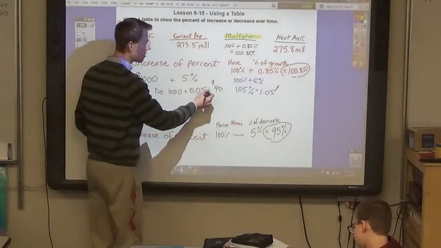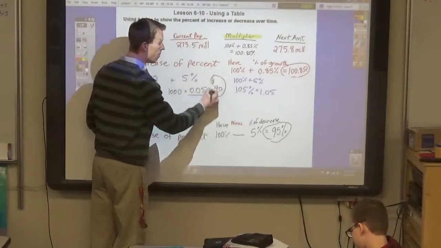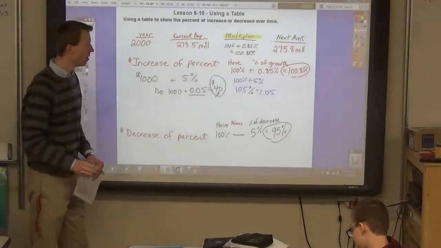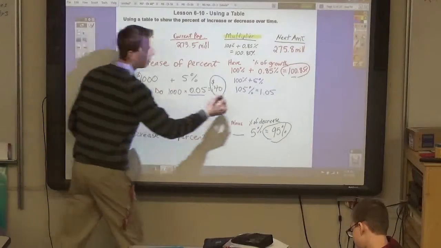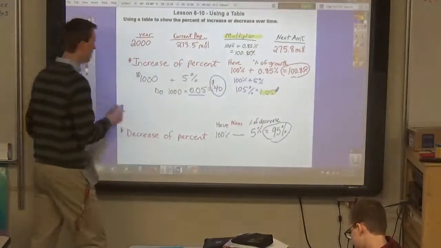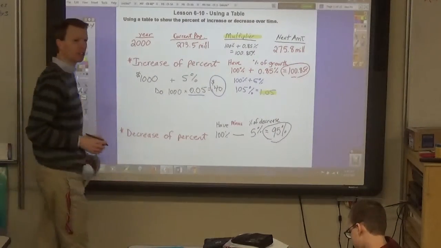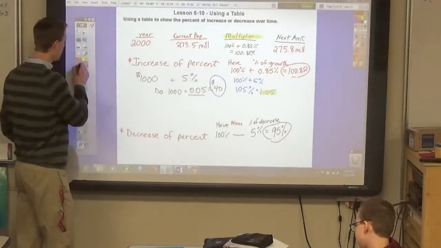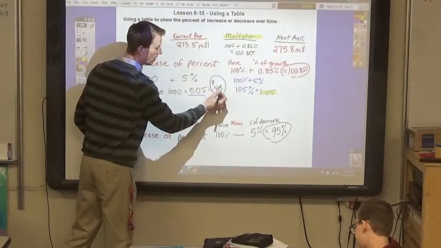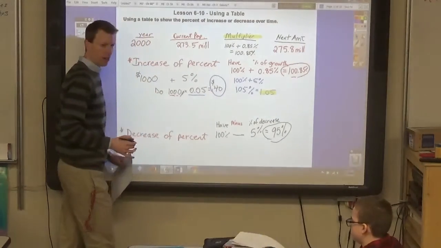So we could either use this to find the amount of interest, or we could use the multiplier as a decimal to find just the total amount, that would be the amount of interest plus the starting amount.